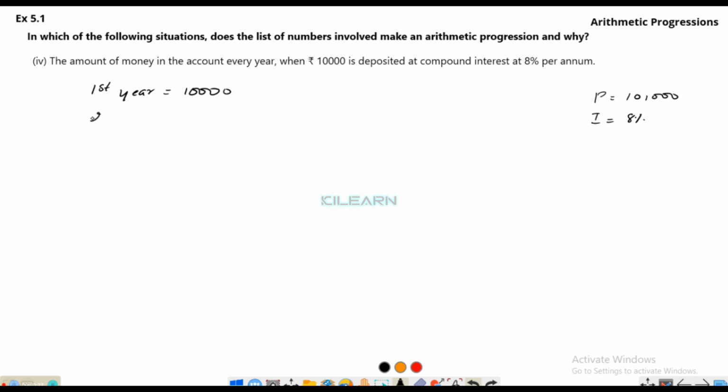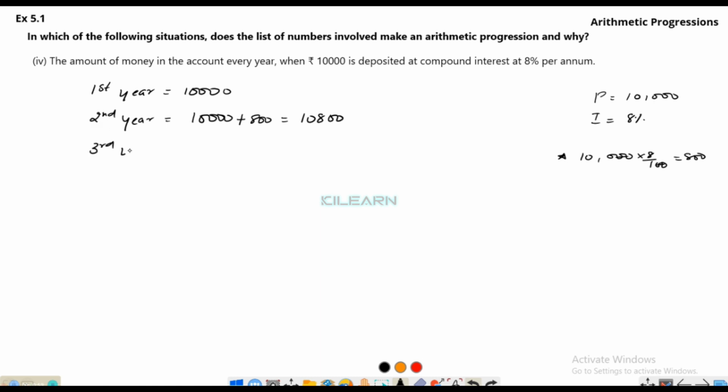For the second year, the 10,000 remains the same plus the 8% interest. The 8% interest on 10,000 rupees is 8 by 100 times 10,000, which is 800 rupees. So when I add, I get 10,800.